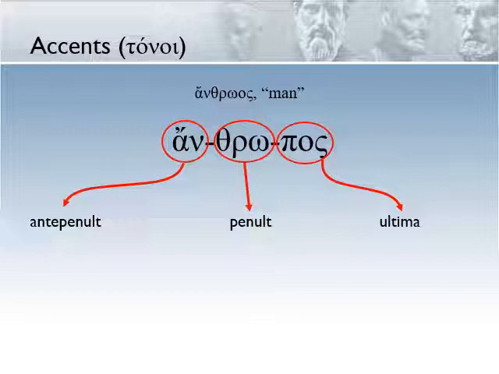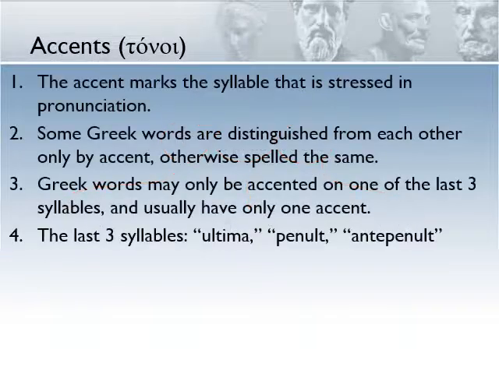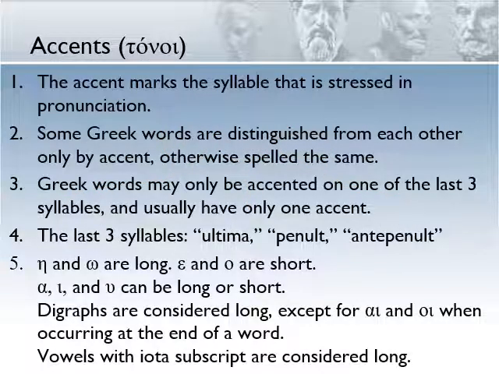So acute accent on the antepenult. Now take a look at the fourth point here on this slide. The last three syllables are the ultima, penult, and antepenult. That's what we just saw in the word anthropos.